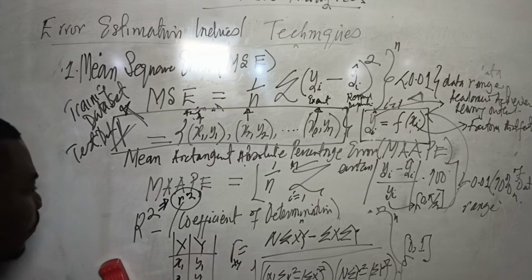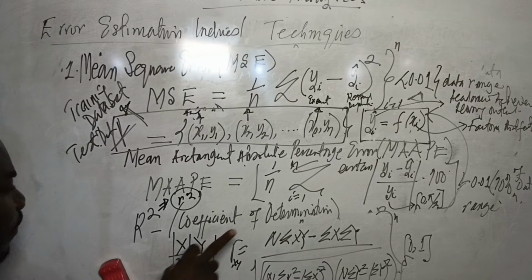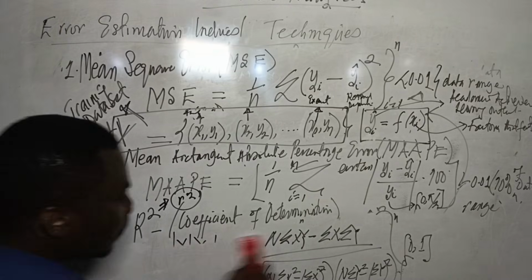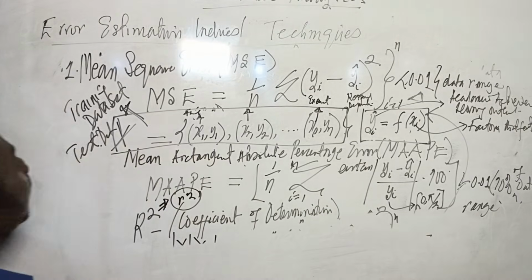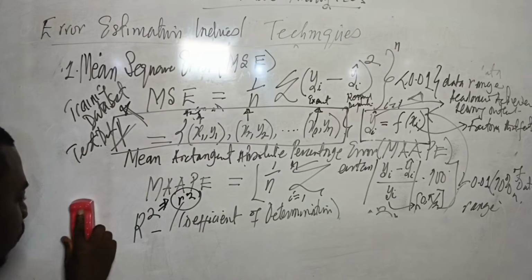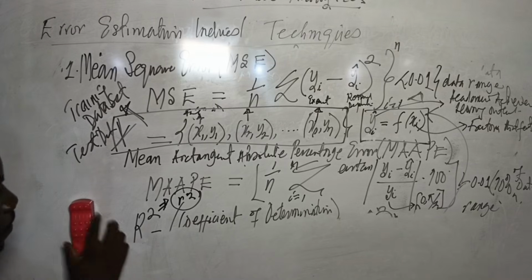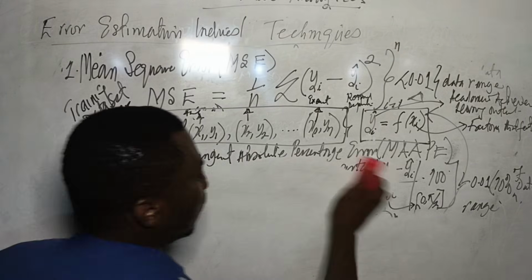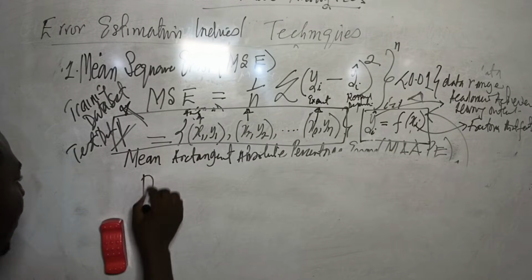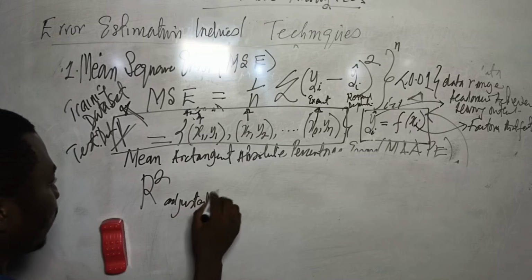Now, an approximation of the coefficient of determination is the adjusted coefficient of determination. That is another estimation index that you can use to improve the accuracy of your model. It is called the adjusted R squared value.